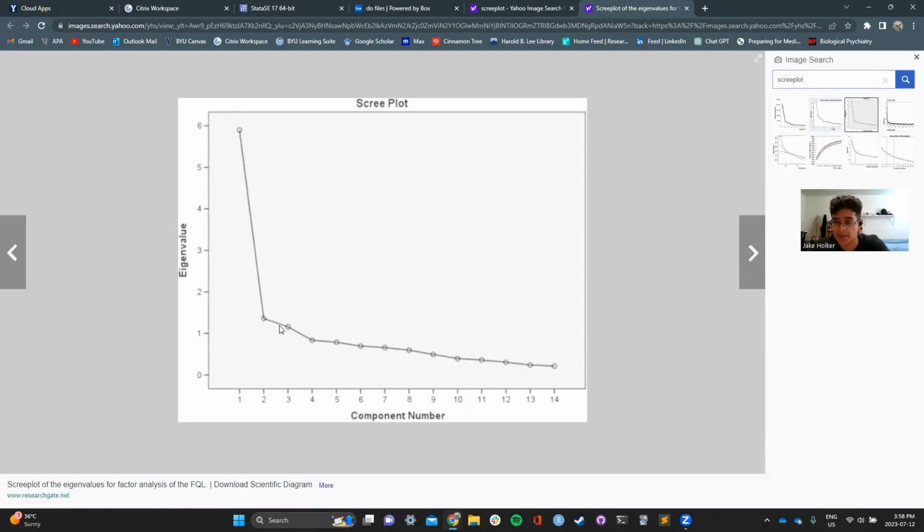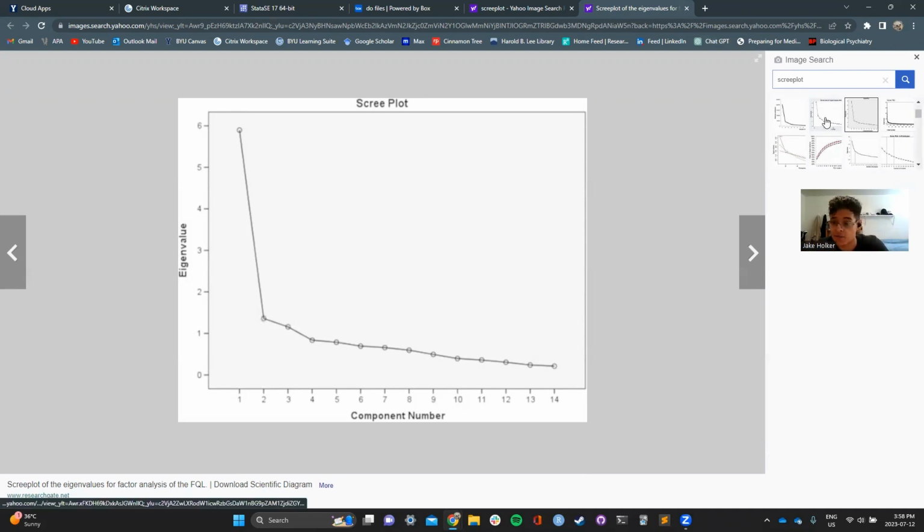Because of this, I would say that whatever this is a scree plot of has probably 3 factors, because you have one factor that is huge, and it tapers off into two other factors that are pretty similar in eigenvalue.